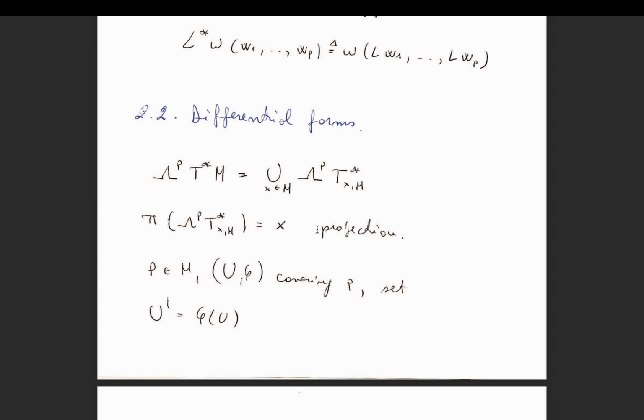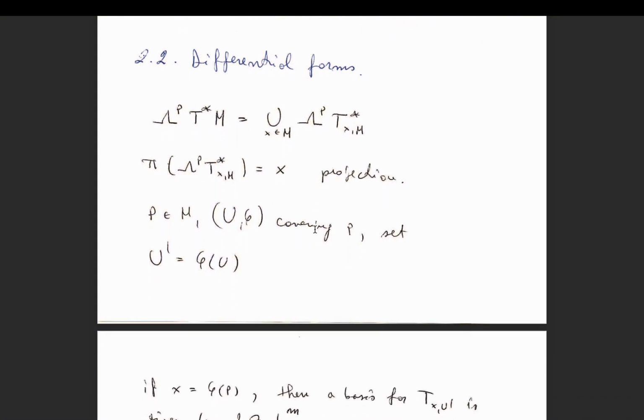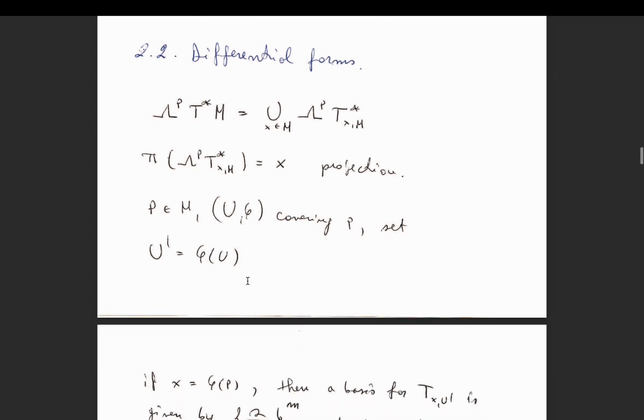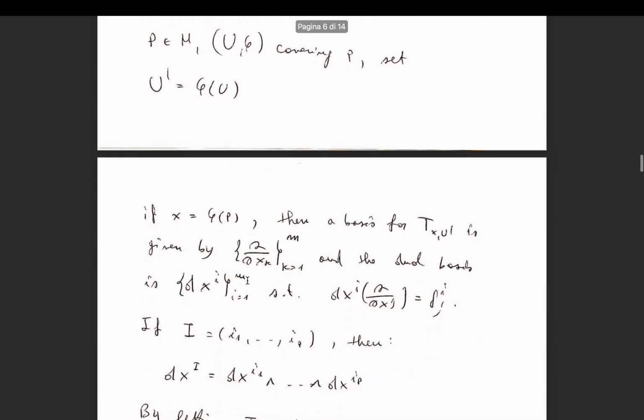How can we construct, for example, an atlas for this fiber bundle? It is very easy. Consider a point P in M and an open chart (U, phi) covering P. Set U prime equal to phi of U. Then, if x is equal to phi of P, a basis for T_x of U prime is given by the partial derivatives.